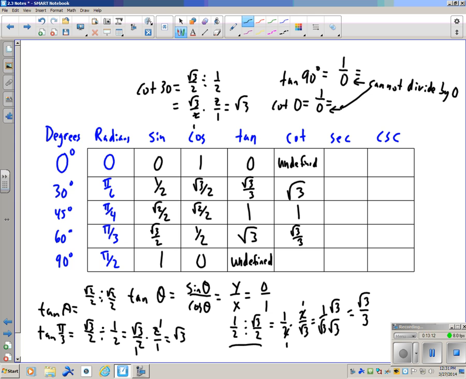And then I can go ahead and do cotangent of 90 degrees, which is equal to my cosine divided by my sine, which gives me 0. So we've got secant and cosecant left. I'm going to pause this video right now, and then go through secant and cosecant in the second video.